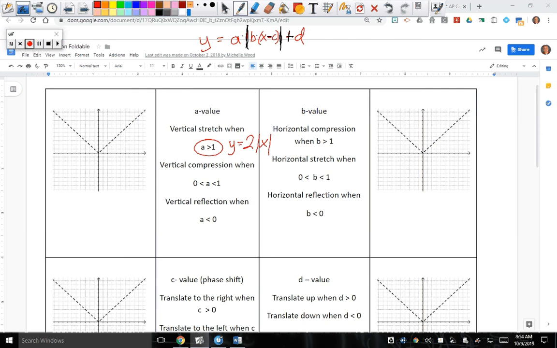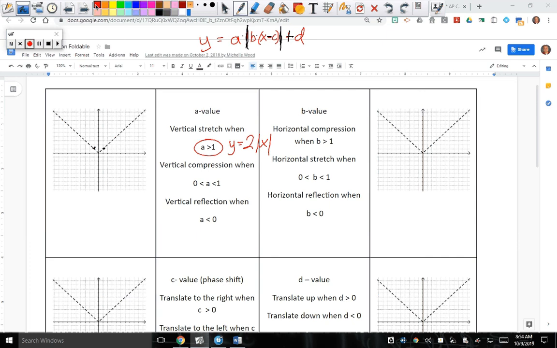An example could be 2 times the absolute value of x. Go with me? So let's look at the original one. The original one I'm going to do in black. If I go up 1 over 1, up 1 to the left 1, it has a slope of negative 1 or positive 1.